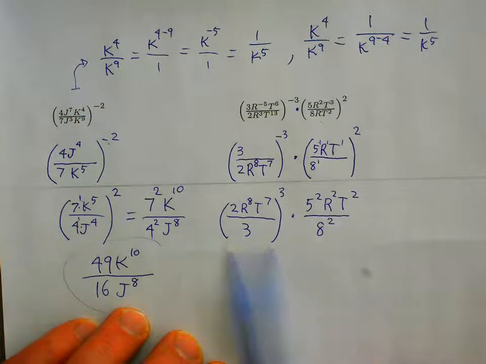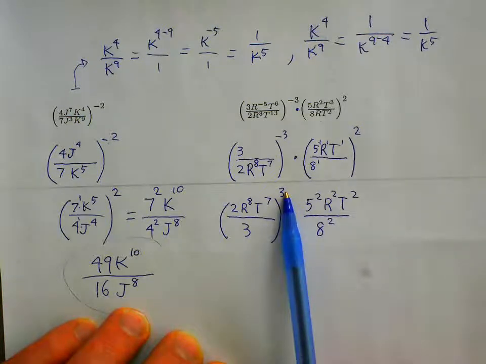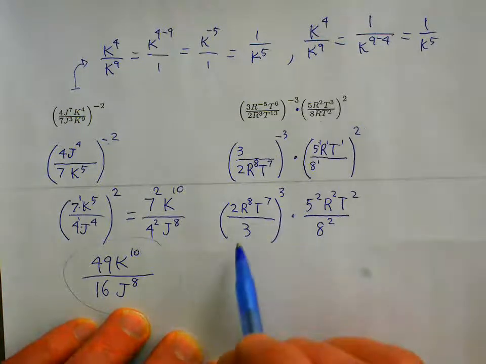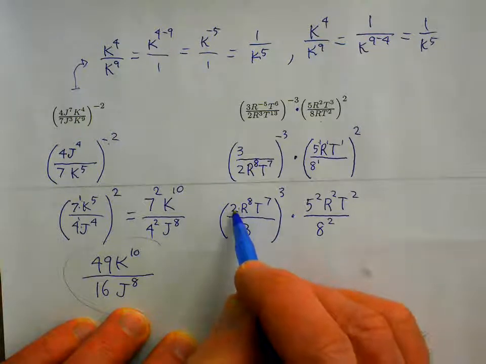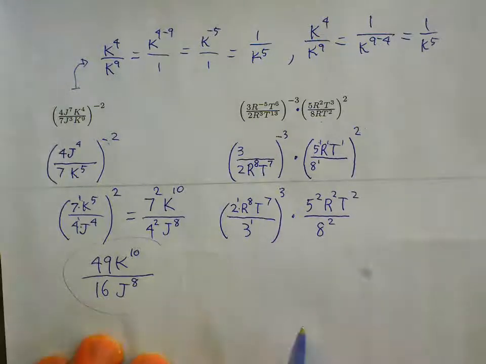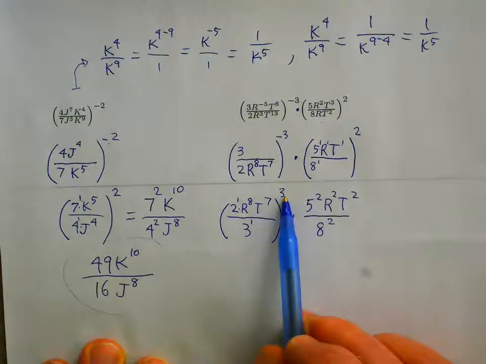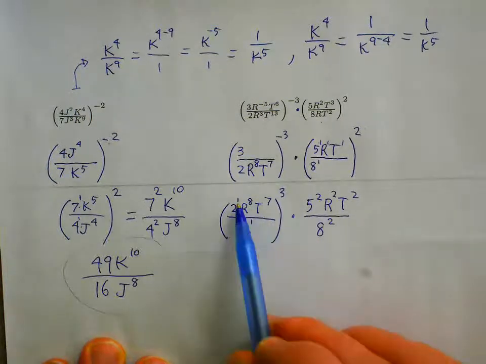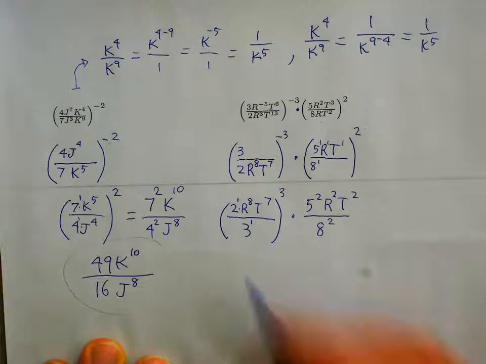Now on the left, apply the outer exponent 3. The factor 2 has an exponent of 1, even though we normally don't write the exponent 1. So we're going to multiply the outer exponent 3 times each of those 4 exponents.